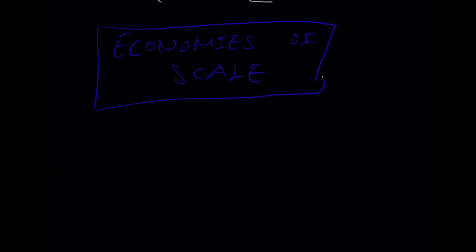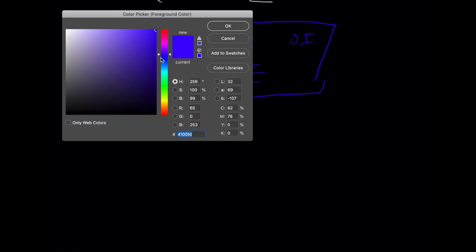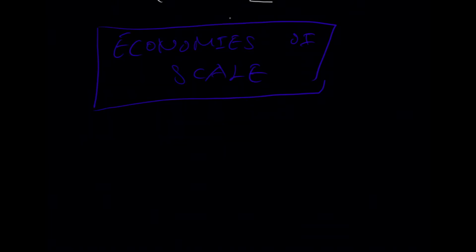When the natural monopolist is providing for the entire market, the cost of production falls. So costs fall for the entire market.